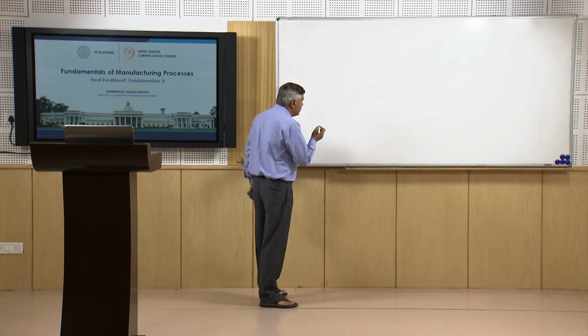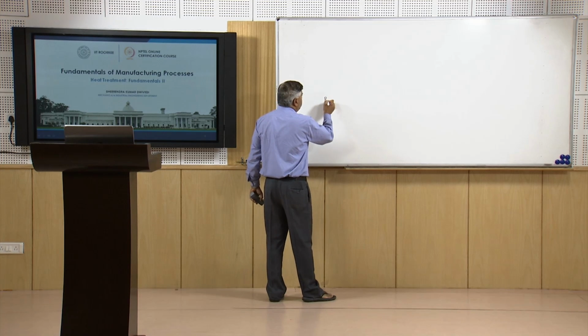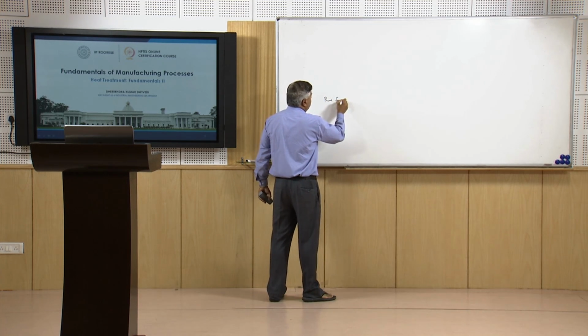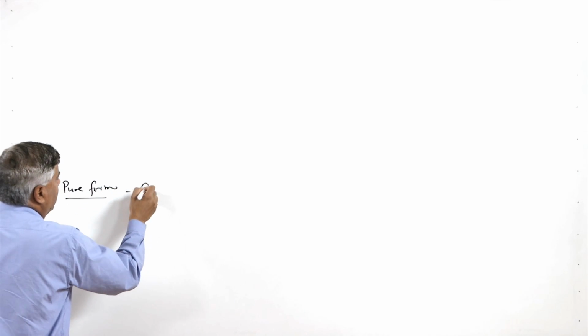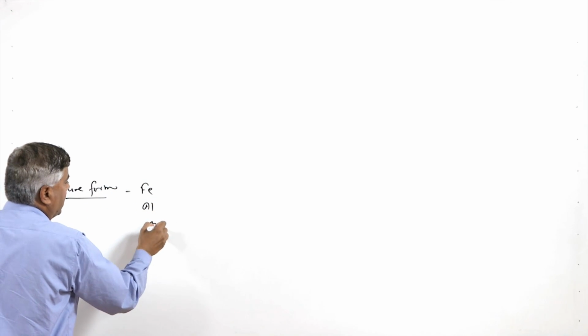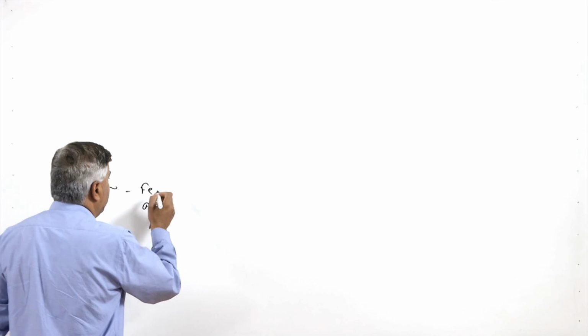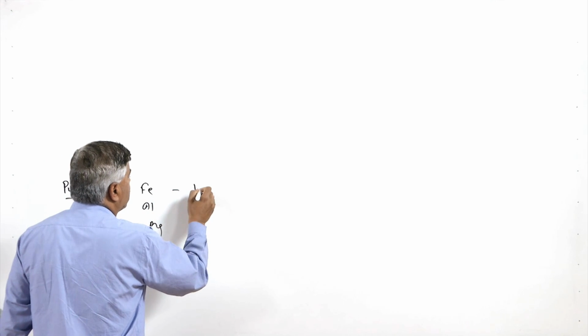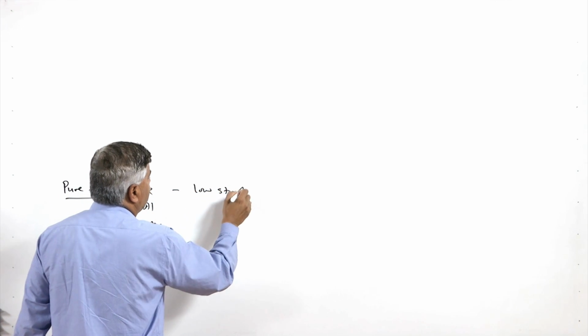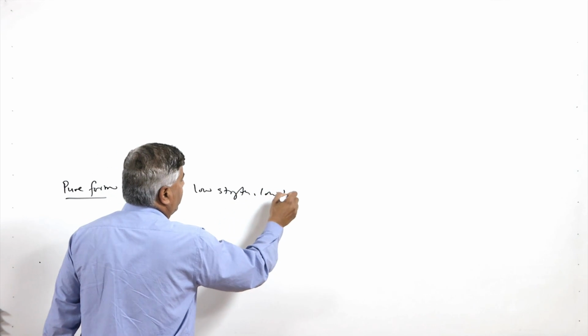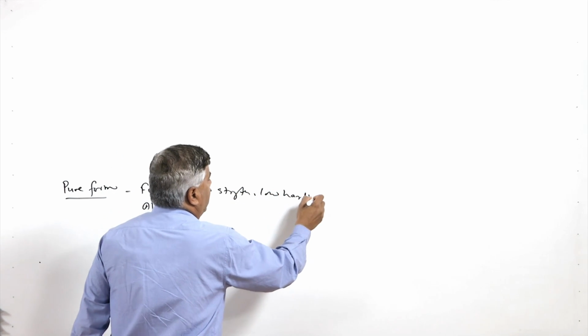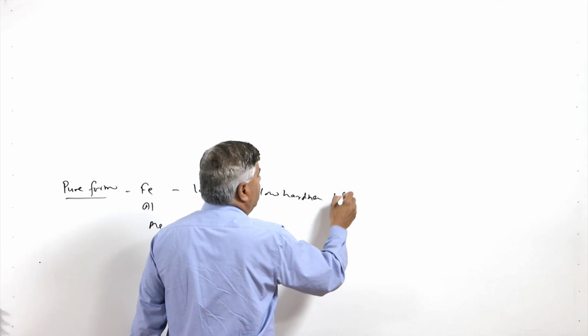So, we know that a metal in pure form, whether it is iron or aluminum or magnesium, any metallic system, offers low strength, low hardness, and high ductility.